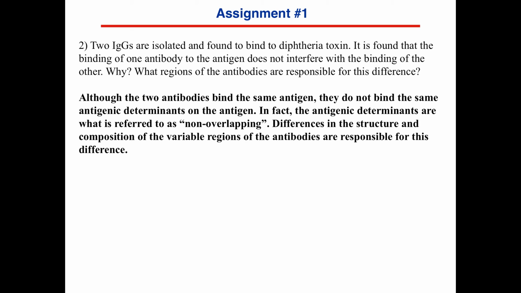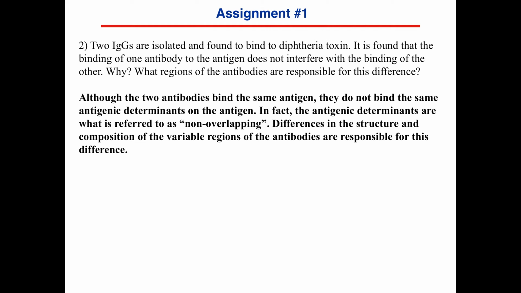The second question had to do with two IgGs isolated and found to bind to the diphtheria toxin, and they don't seem to interfere with one another. Here, the main point is that the antigen determinants are not the same. They're non-overlapping, so one antibody is not binding to the same part of the antigen determinant as another. They appear to be distinct antigen determinants on the antigen.